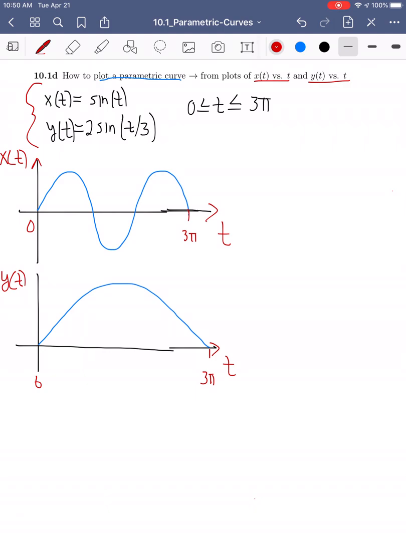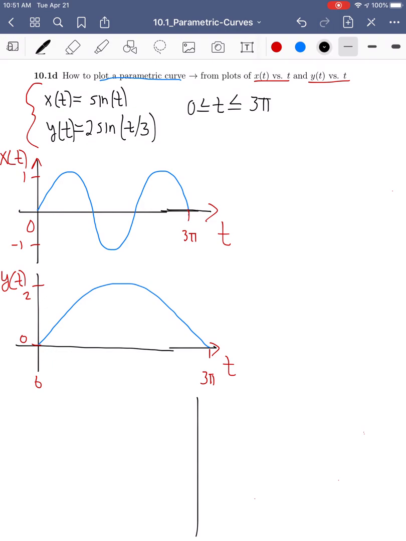So these are our coordinate functions as functions of that parameter t, and what we want to plot is actually the parametric curve that results, and we need to plot that on an xy plane. So a couple things to note. Our x function always goes between -1 and 1. And our y function is going to go between 0 and a value of 2.